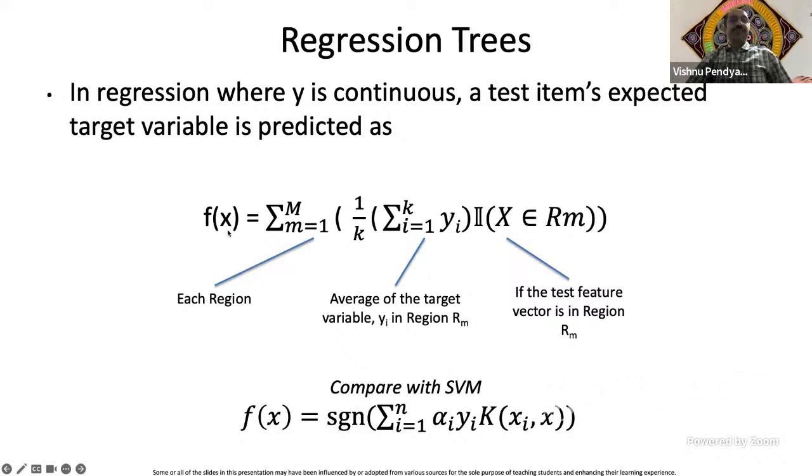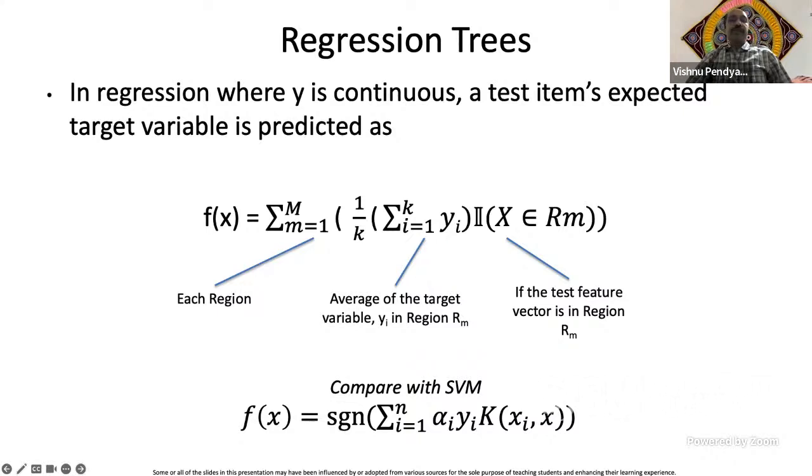In algebraic terms, if you look at how you predict the target variable, f(x) is equal to y, you sum up all the values of y in that particular region, the hypercube, and divide by the total number of items in that region, right?